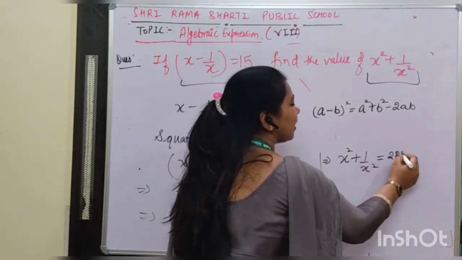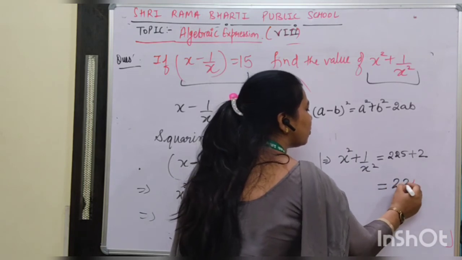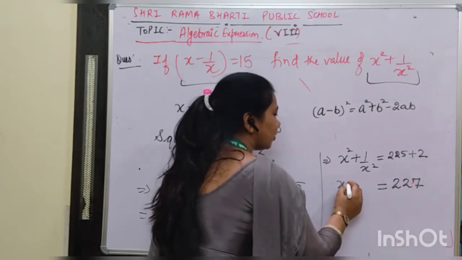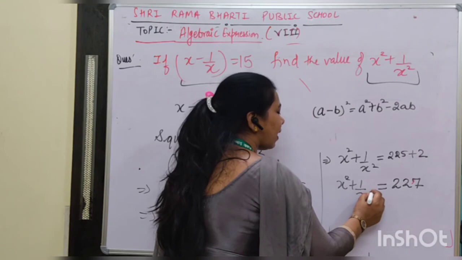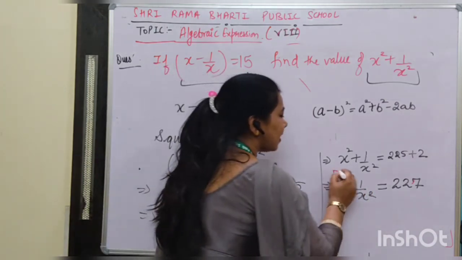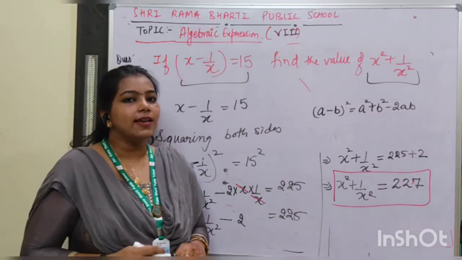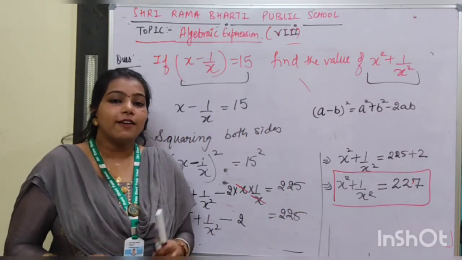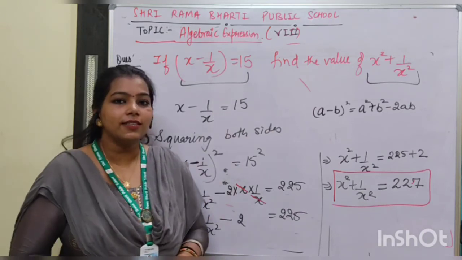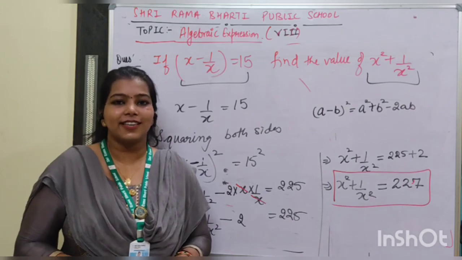So 225 plus 2, the answer would be 227. So here we found the value of the given expression by the same method and the value is 227. So this is the way we can solve these kinds of questions. So I hope you understood this. Thank you so much. Stay safe, stay happy.